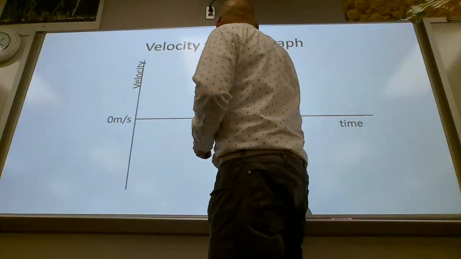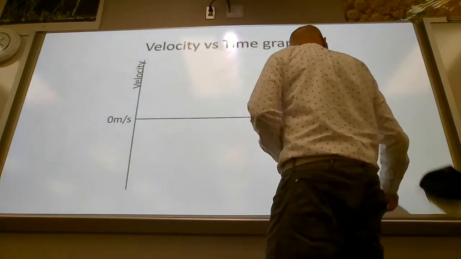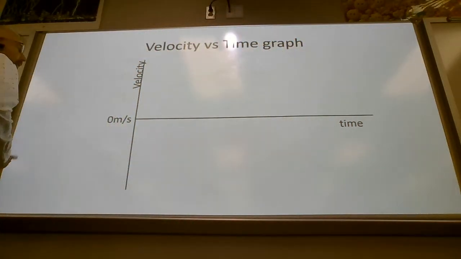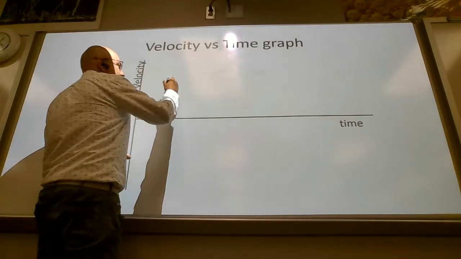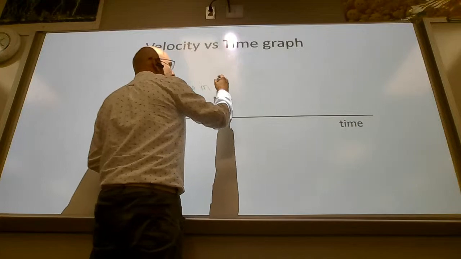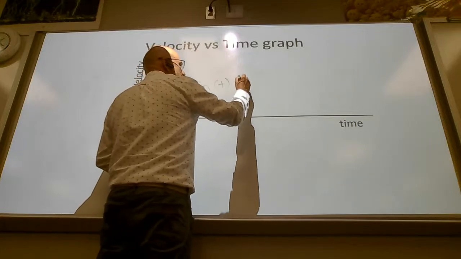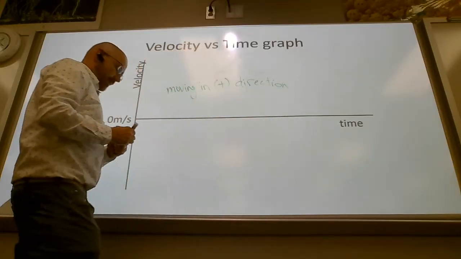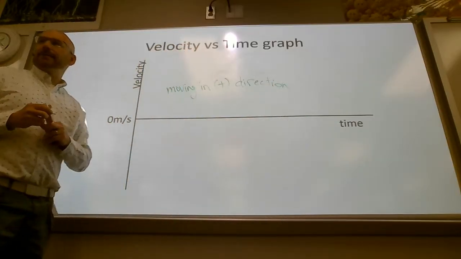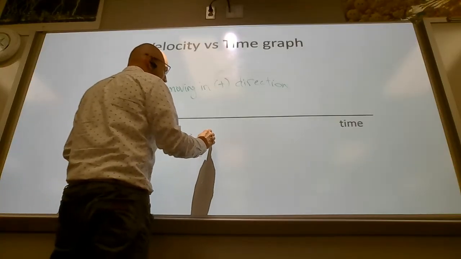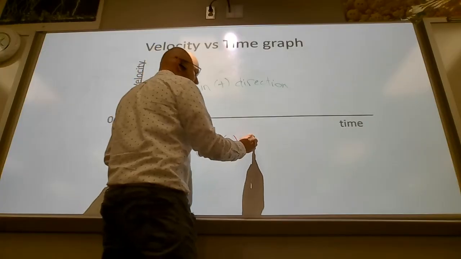Okay. Here's a quick tour of a velocity versus time graph. All right. If you are above the x-axis, you are moving in the positive direction. If you are below the x-axis, you're moving in the negative direction.